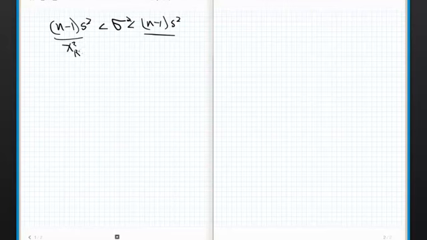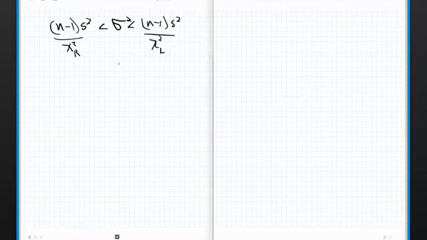If you think about why, this is a bigger number, so it's clearly going to produce a fraction that's smaller. This is the smaller number, so it's going to produce a fraction that's bigger. I apologize about that.